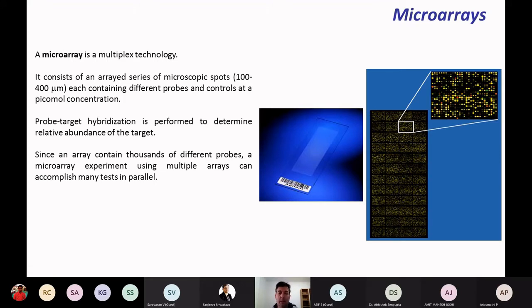Just a take-home message: an array can contain thousands of different probes, up to 60,000.